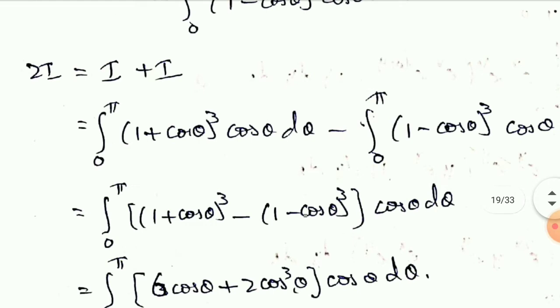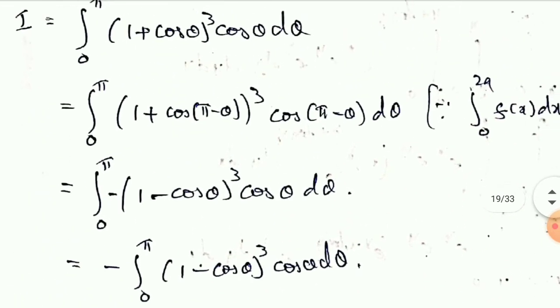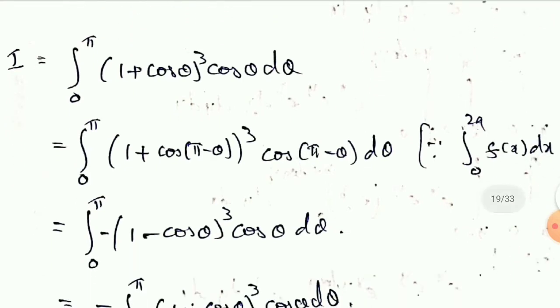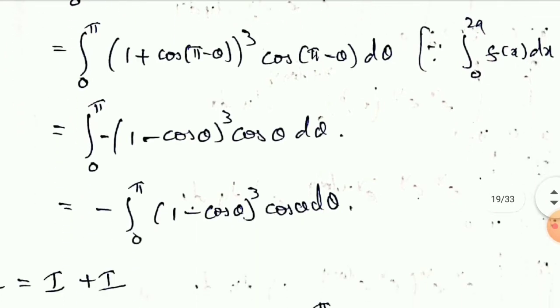Actually, this problem we have done in a different manner, but that is not the easiest one. My sincere suggestion is to use a plus b whole cube and make the simplification with cos theta, substitute the cos cube theta formula, and cos power 4 is nothing but cos square whole square.